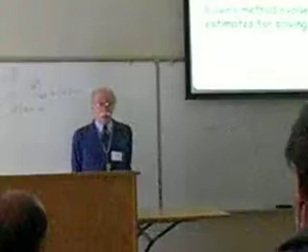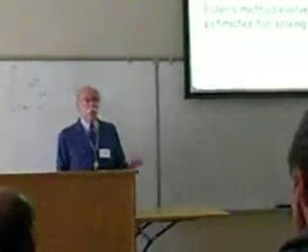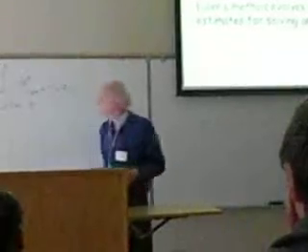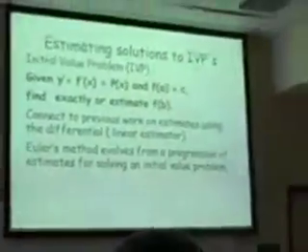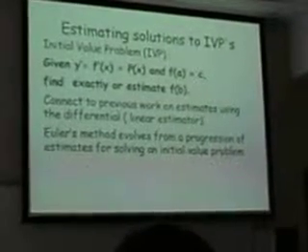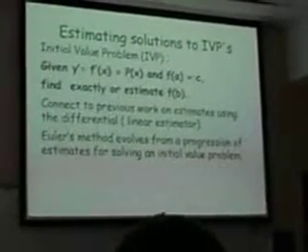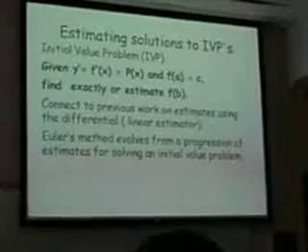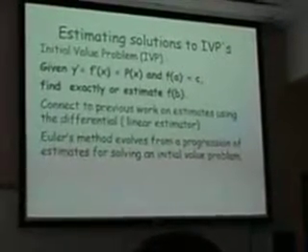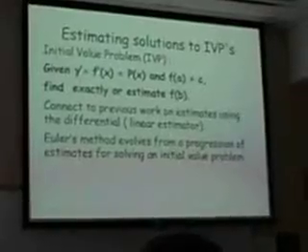Now our problem is we have some initial condition, so the value of the function at a is given to be some number c. And what you want to do is to find exactly or estimate the value of the function somewhere else, maybe close by, maybe far away. If it's close by, the differential will get you through. You can make a quick estimate using the differential.